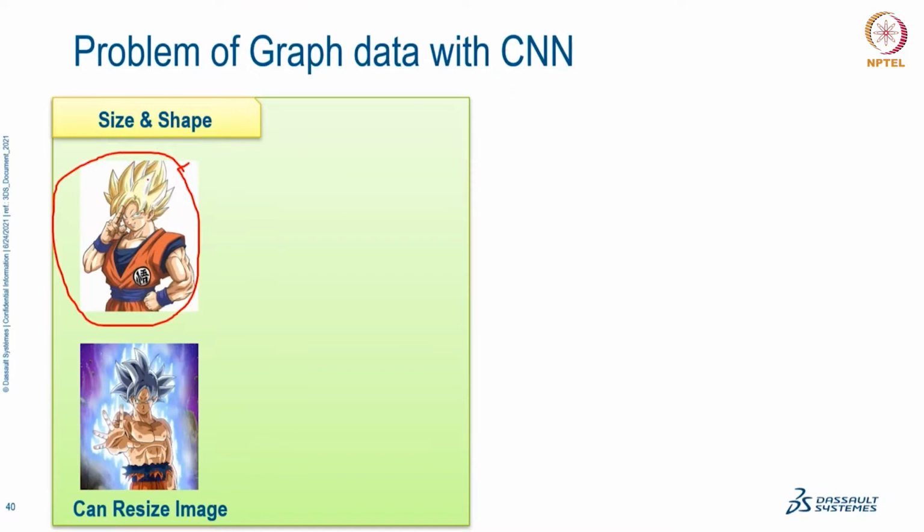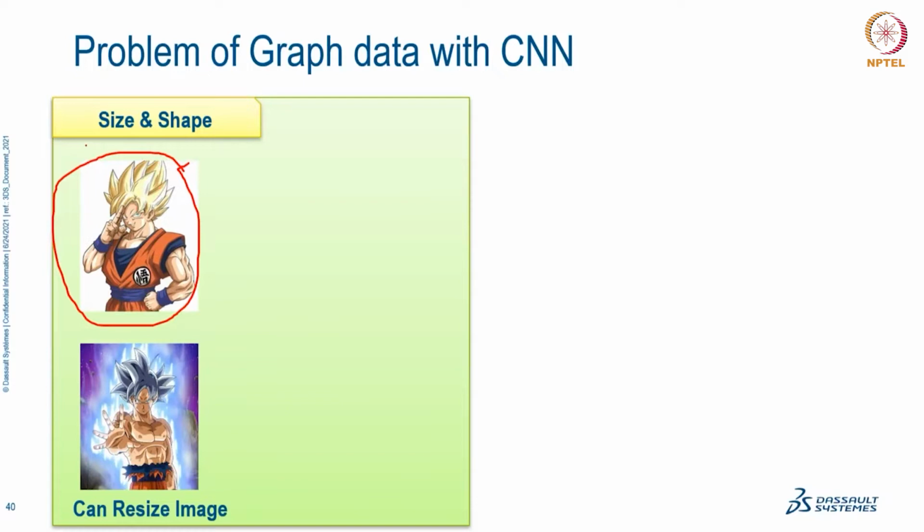In CNN, for example, we want to classify if this character is Goku or not. We have test data with multiple images of Goku, and we want to predict if it is Goku or something else. The main thing for CNN is that the size of the input should be the same.